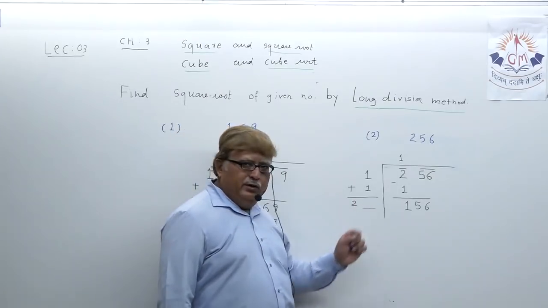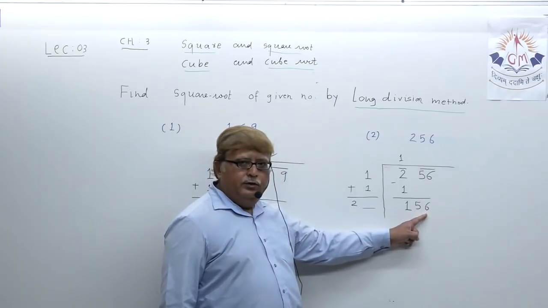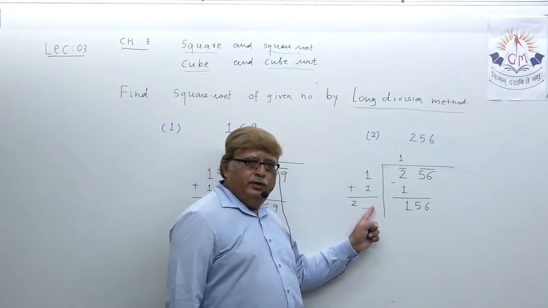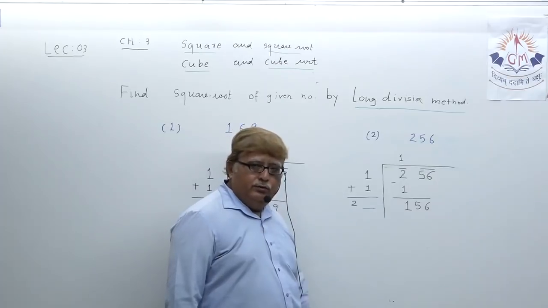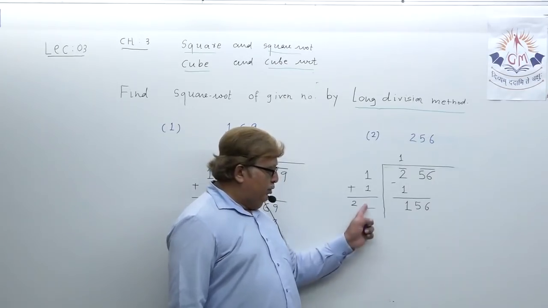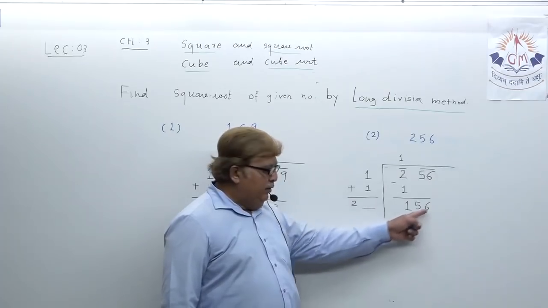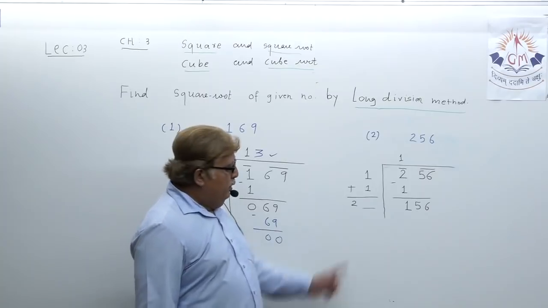And my dear student, should I give you one clue? What you want here? 6. If you take 2, 22, 2 ja, 2 2 ja 4, not possible. We want 6. Suppose 3, 23, 3 ja, 3 3 ja 9. We don't want 9 here. You understood?